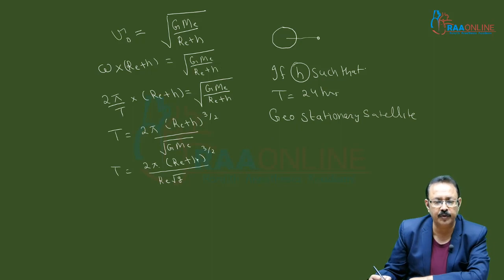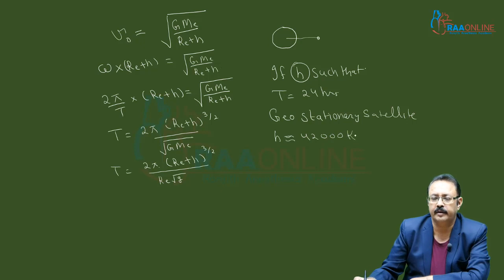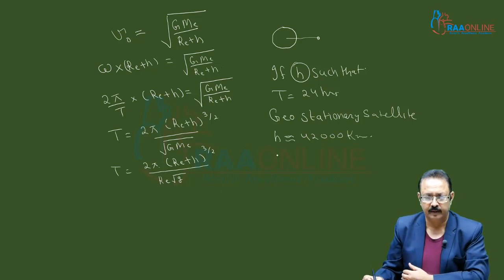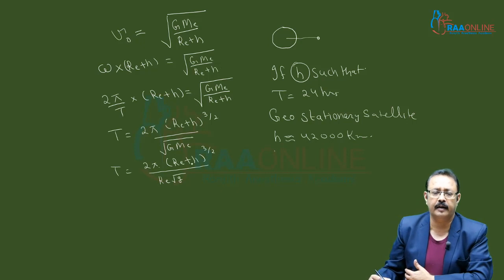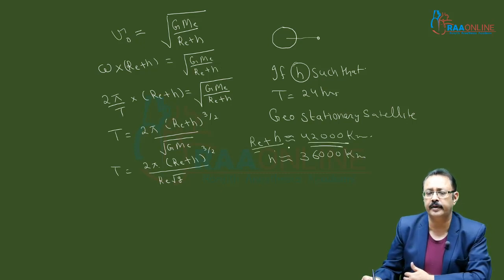For this, when you calculate, you will get nearly 42,000 kilometer, means this Re plus h. So you will get h nearly 36,000 kilometers. The radius of this orbit is known as parking orbit.